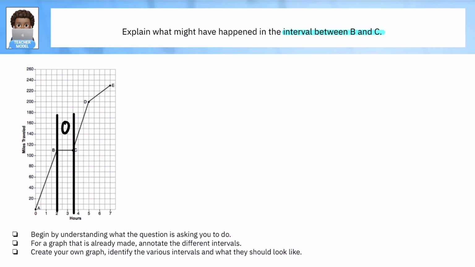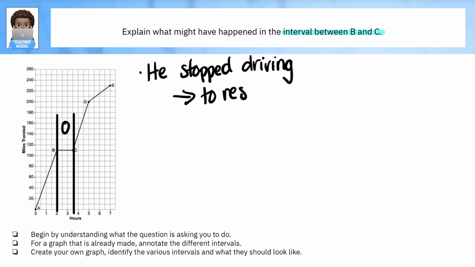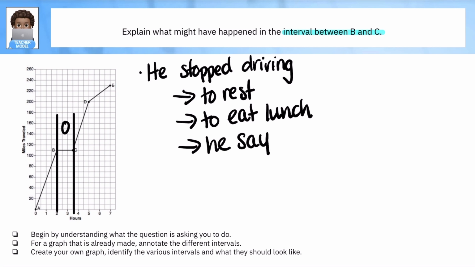All right, so some ideas could have included he stopped driving. That's more than likely what happened. Why would he stop driving though? So here's some ideas. To rest, to eat lunch, he saw something he wanted to do.